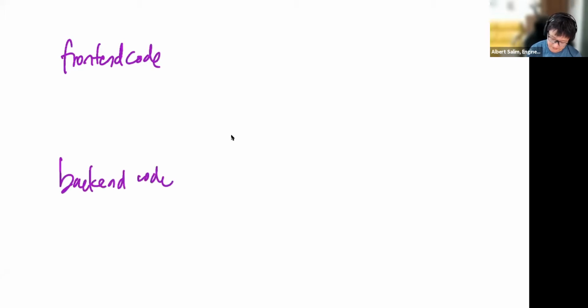If we were to look at our code base, we have front-end code on one side and back-end code on the other. This is JavaScript, and this is mostly Ruby.